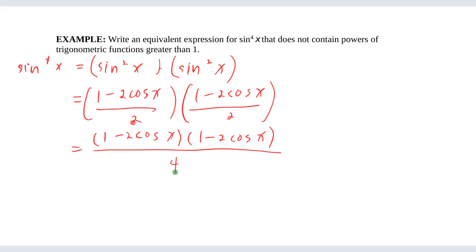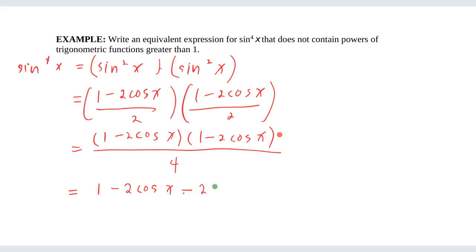So 1 times 1, 1 times 2 cosine x, and then after that I'm going to distribute the negative 2 cosine x to 1 and then to each of those.